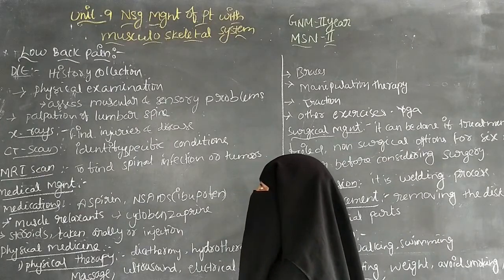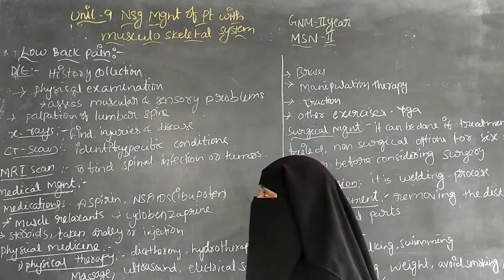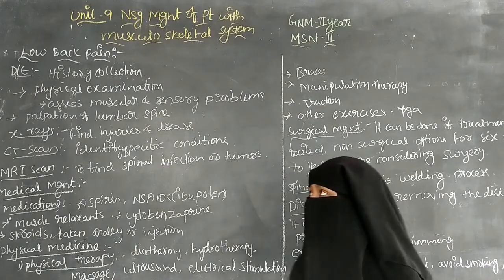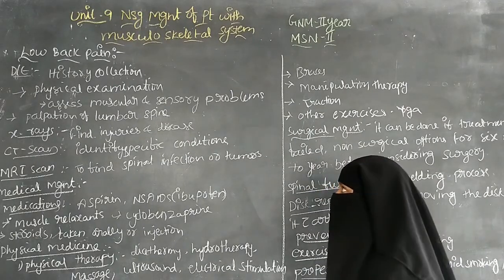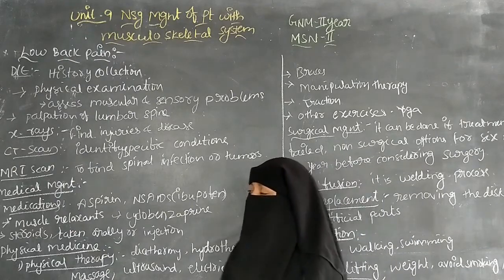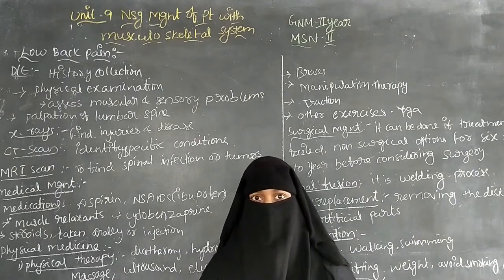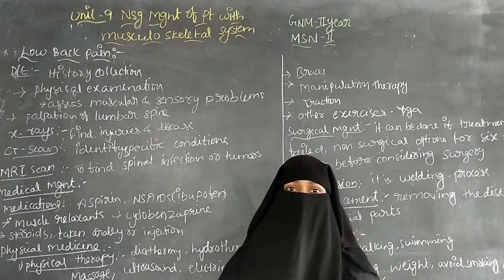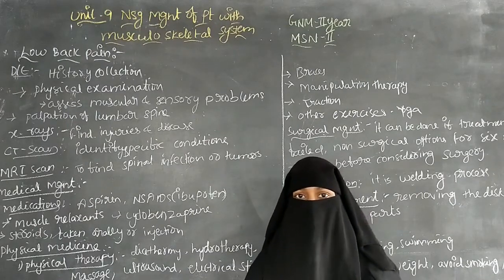The next one is physical examination. Physical examination can be done to assess muscular and sensory problems. If the patient has low back pain, there may be no sensation in the lower legs.